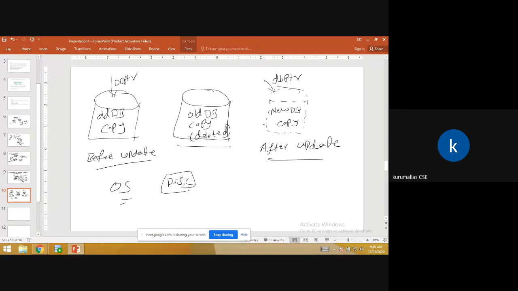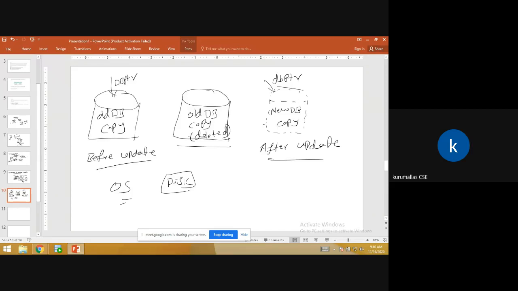Here the shadow copy technique handles two major issues. One is transaction failure. If any transaction failure happens inside the database, it ensures recovery from the failure. The other is system failure, a system crash happening inside the database.